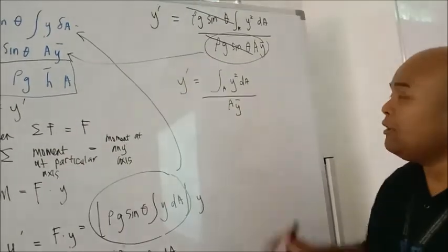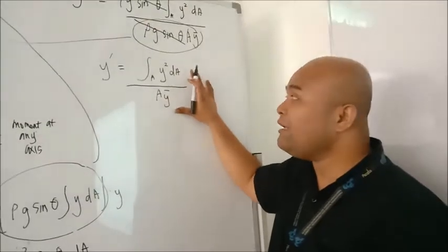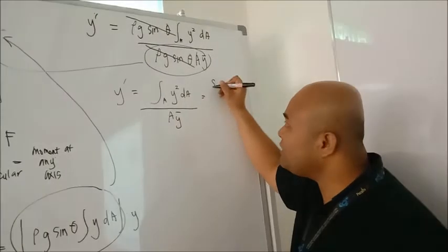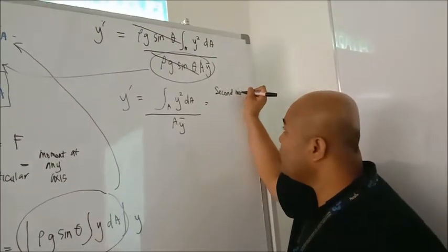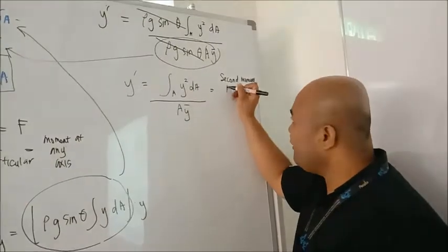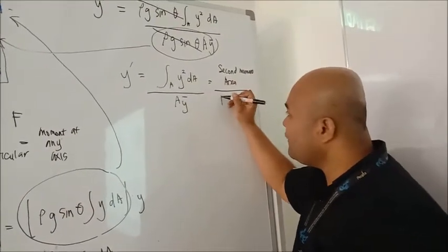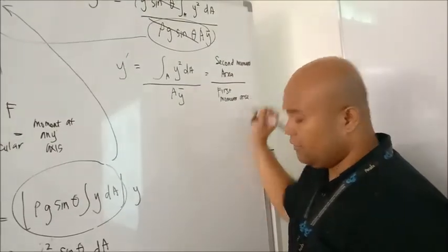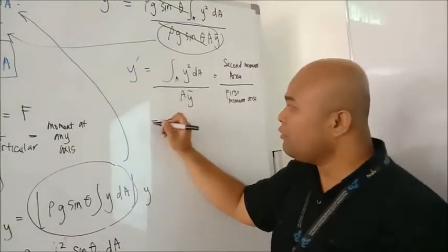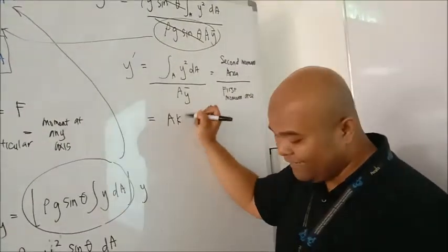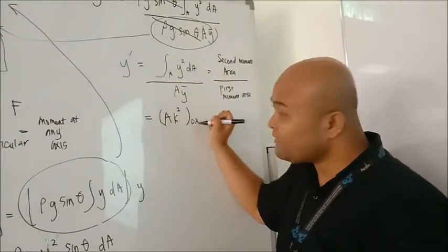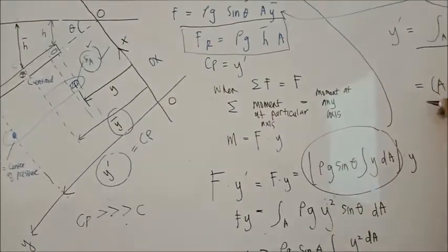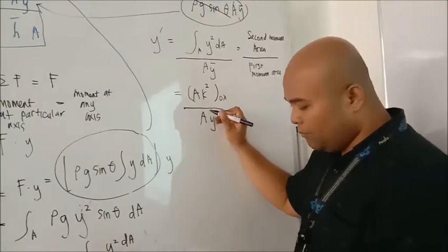Okay, so by looking at this equation, we understand that this integration of y squared dA refers to the second moment of area divided by the first moment of area. The second moment of area can also be written as A k squared Ox, looking at this axis, divided by A y bar.